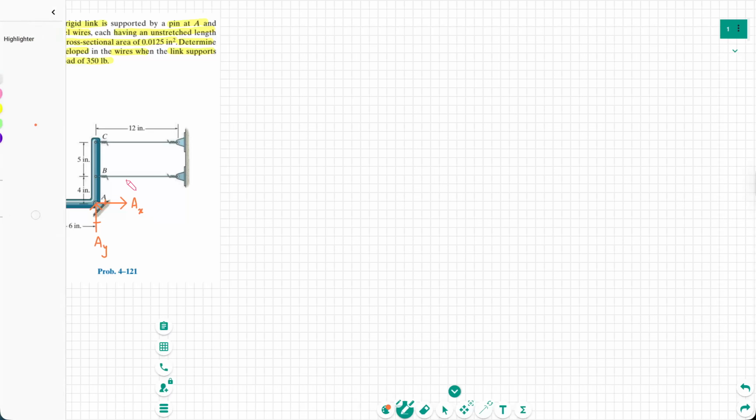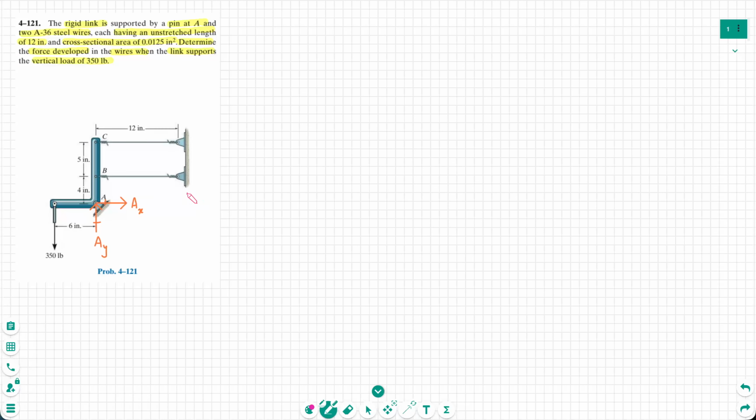Also, we have two other reaction supports at C and B. So I choose this for TC and I call this TB. And also we have this external loading here. It is the free body diagram for the rigid link.